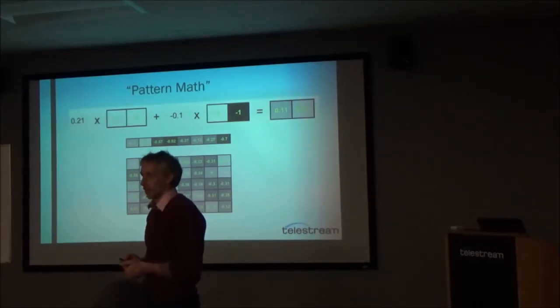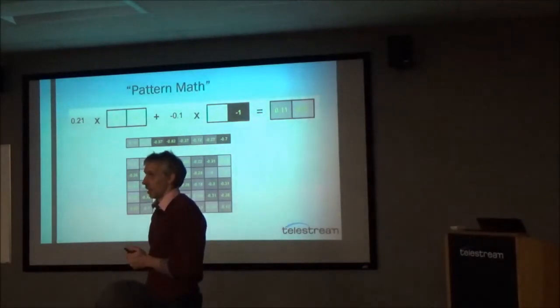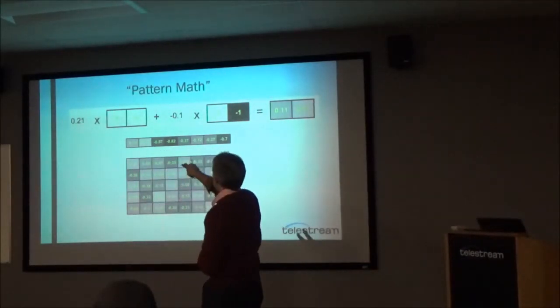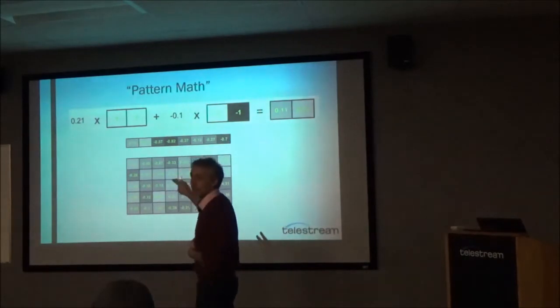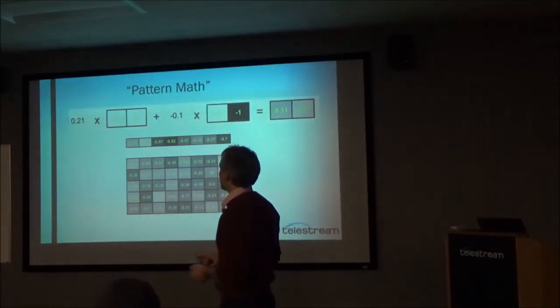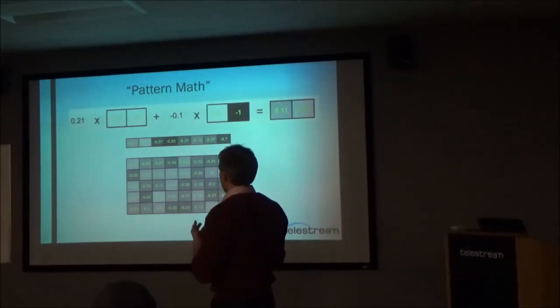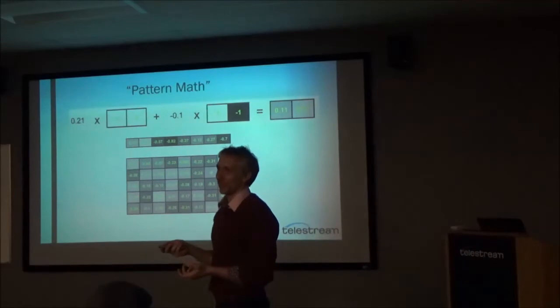Why are you only considering the cases of white boxes together and white and black? How did I pick these 2 patterns to add together? Yeah, I will come to that, because you can't just pick any 2 patterns and add them together. They have to be what would be called orthogonal if you were a mathematician. They have to be things that don't have any... I can't explain it without using the word orthogonal.